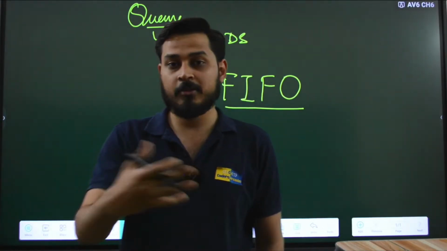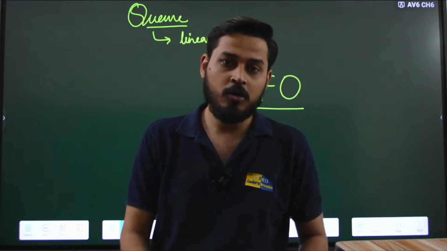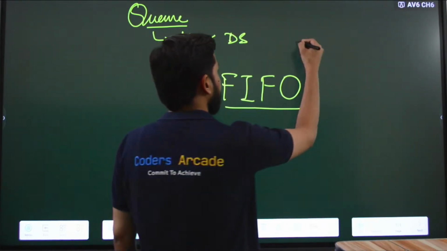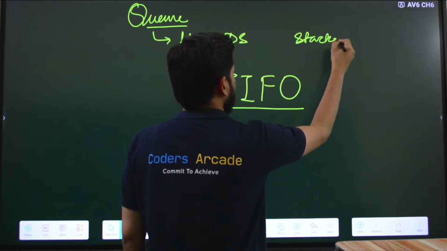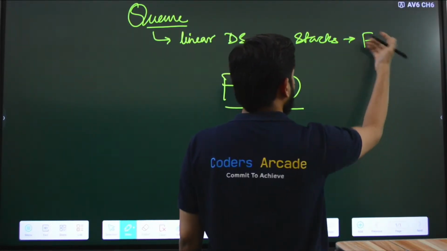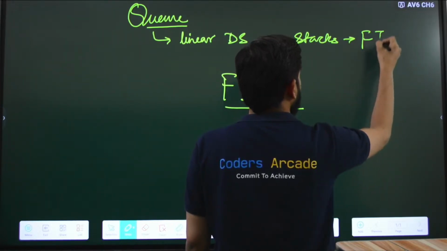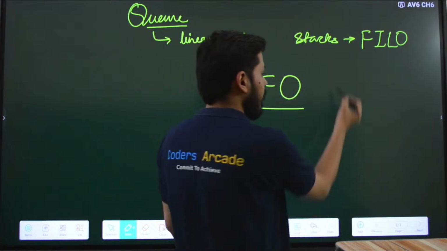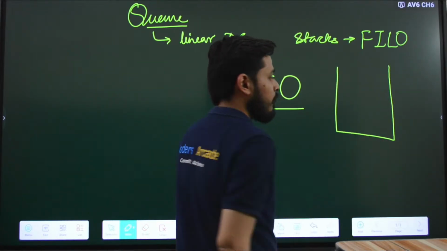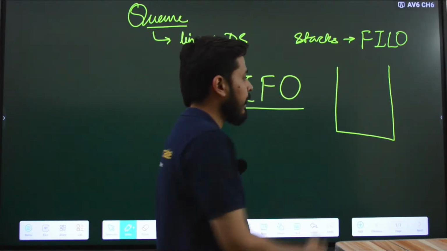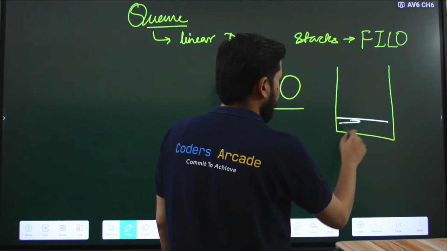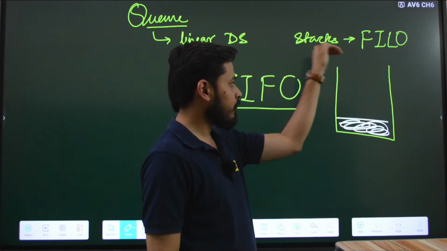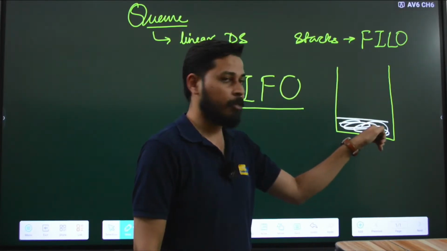In the last live session we have done this first in, last out, where we were talking about stacks. The stack data structure implements the first in, last out concept, where the stack looks very similar to this box, which is closed from beneath, and whenever data is put right here, let's say this is your data, as soon as you enter something, that data goes down there at the very bottom of the stack.